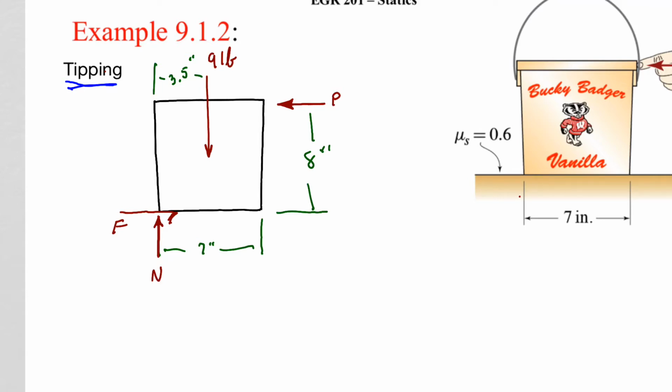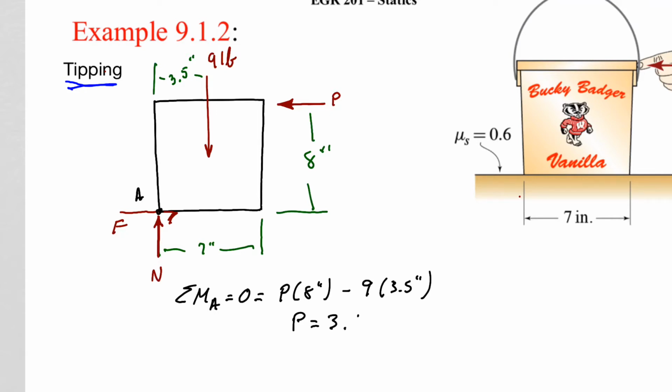What we can do is we can easily solve for this. We're looking for P, and in this case, if we look at this point, we'll call it A, we can sum moments about point A, set that equal to 0 and solve for P. And we will see that we get P is equal to 3.9 pounds for tipping.